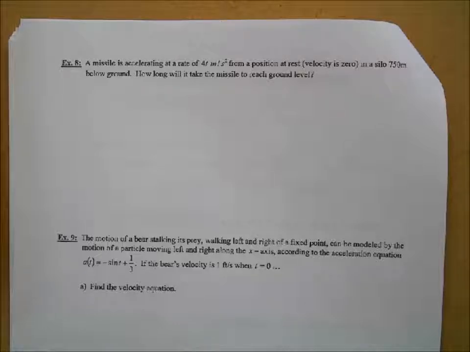You don't need to write that anymore. You integrate it, so you don't need the sign anymore. Yes. And then C0. So your velocity is just 2t squared plus 0. Okay, and then I have to do one more time.